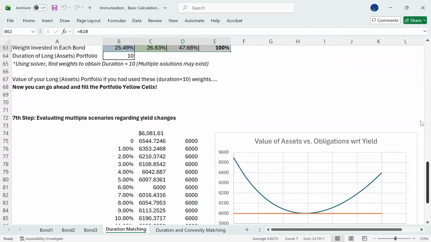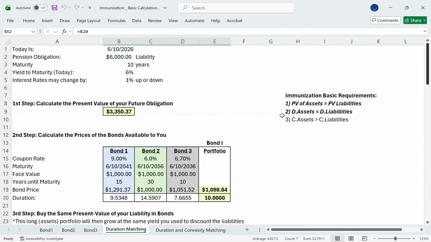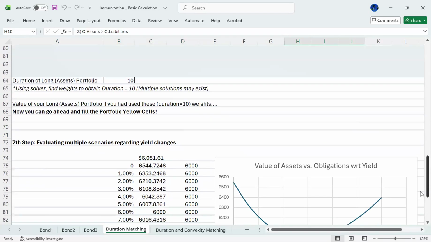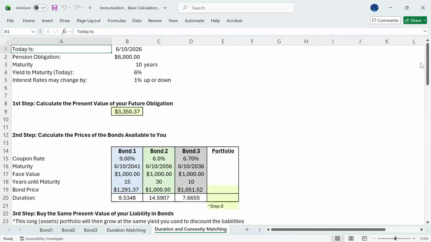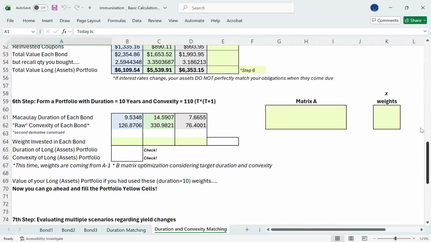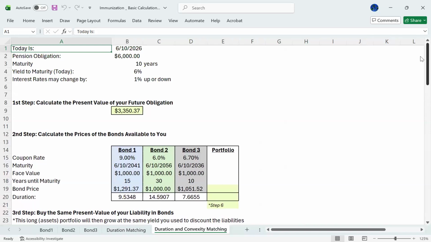So in those values that Solver gave us, we are meeting this third condition as well. Because we are meeting this third condition as well, we are not concerned 10 years later, irrespective, so we are immunized. Now, very quickly, we already have these numbers here.